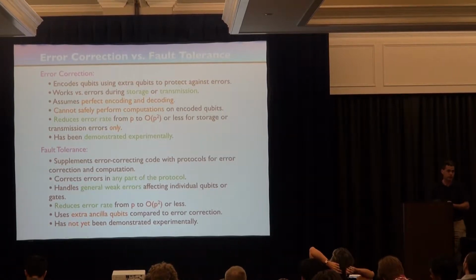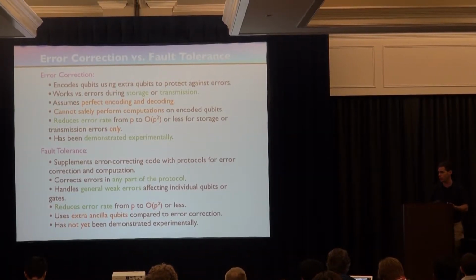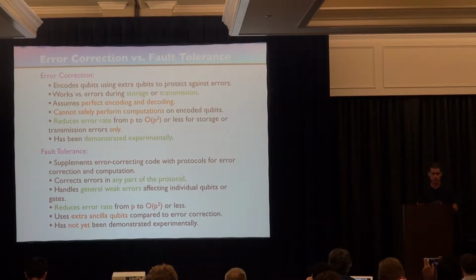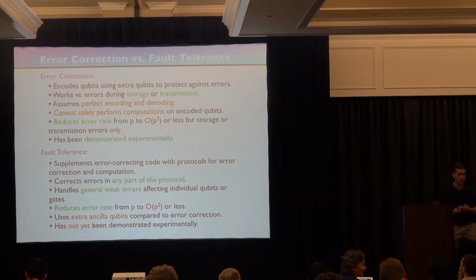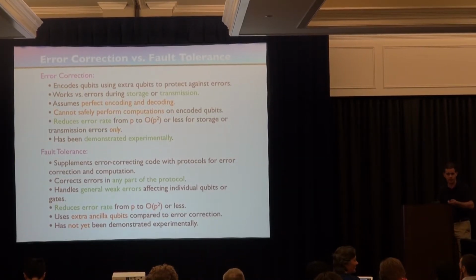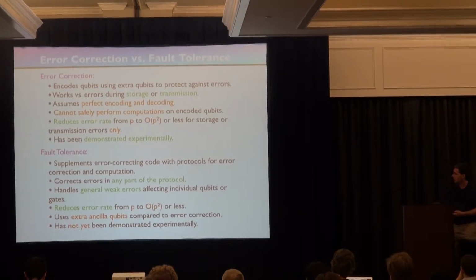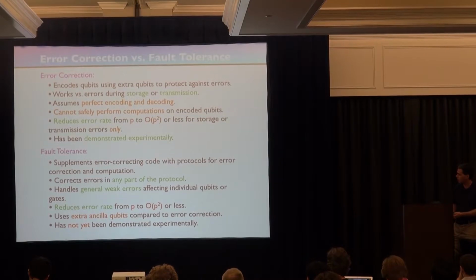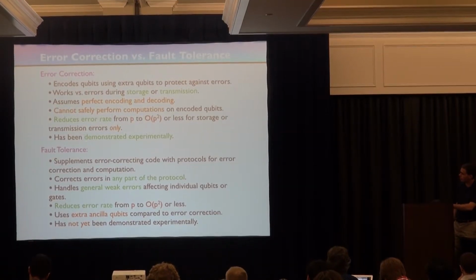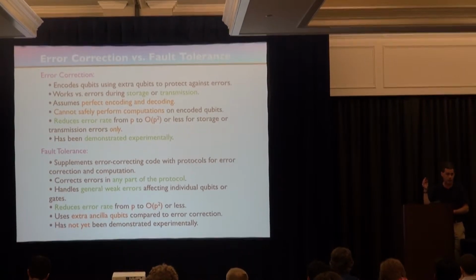Whereas for fault tolerance, in the past year there have been 3 papers on the archive attempting to demonstrate it. In my opinion, none of them achieves that, although they're getting fairly close. It may be that we'll hear at this conference about somebody who actually has achieved it. But that's a current thing, whereas these experiments go back a number of years.